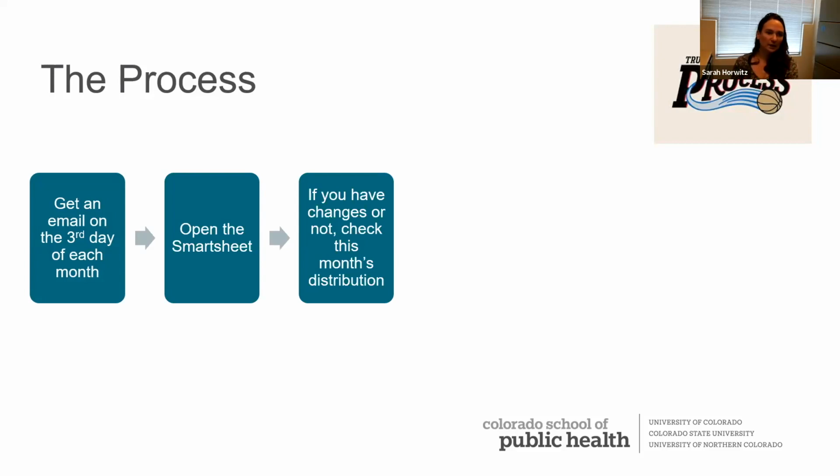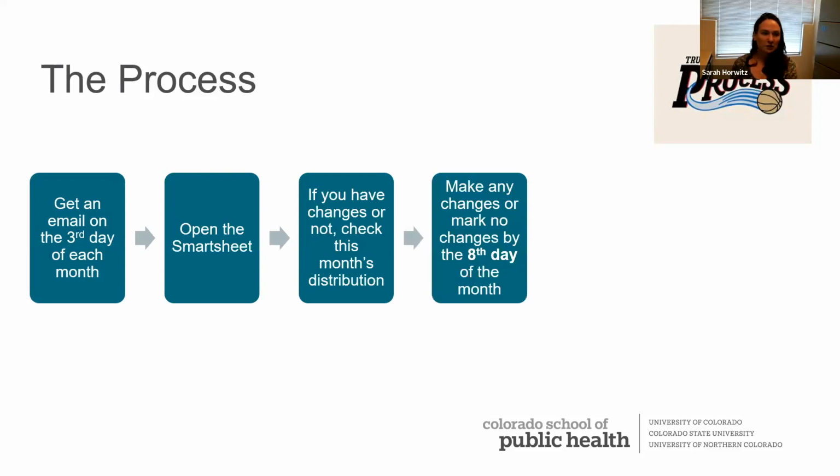So you'll sign in, you'll check if you have changes or not. If you do have changes, you'll mark them in red by the 8th day of the month. So not giving you much time, but the idea is that if you do have changes throughout the month, you can input them before the 3rd, but this is just like the reminder to remember to do it. And then you also have to mark that you have checked it and you don't see any changes.